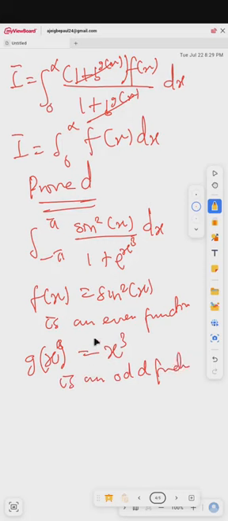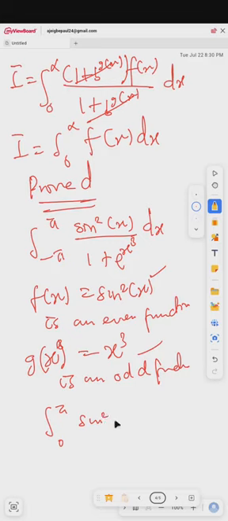So f of x is an even Riemann integrable function, and g of x is an odd Riemann integrable function over the interval minus pi to pi. Then since f of x is even and g of x is odd, we have the integral from 0 to pi of sine squared of x dx.